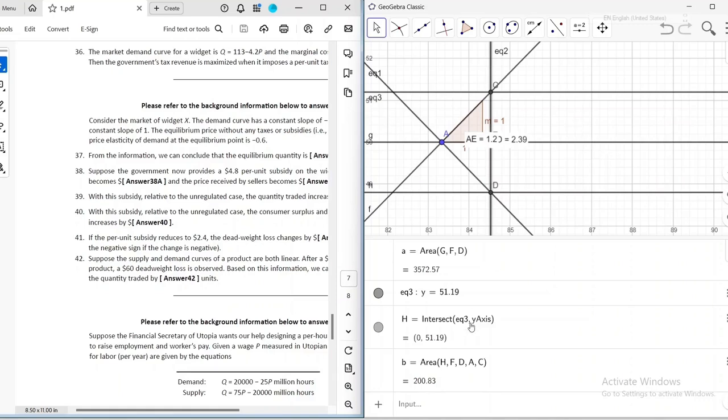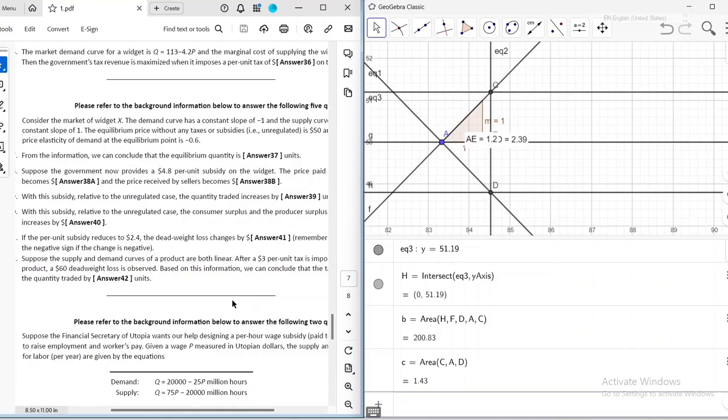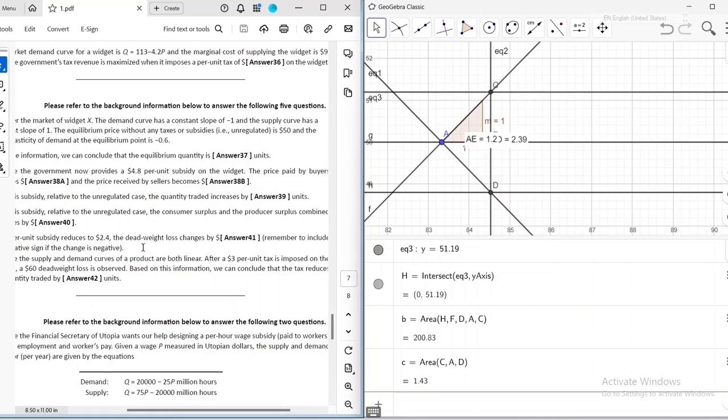All right, so now to find the deadweight loss, you simply need to calculate the area CAD. So this is 1.43. So the deadweight loss is 1.43, but you are asked to calculate the change in deadweight loss.